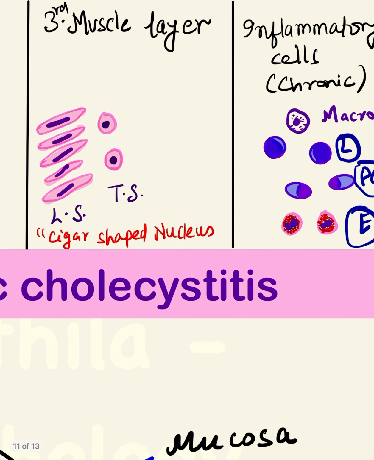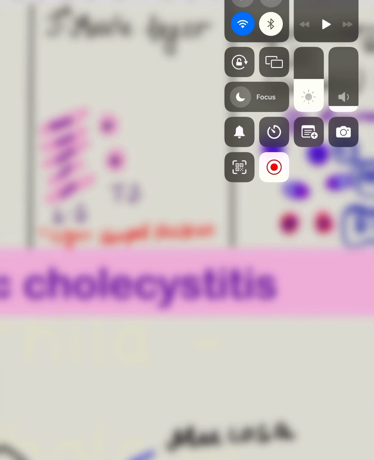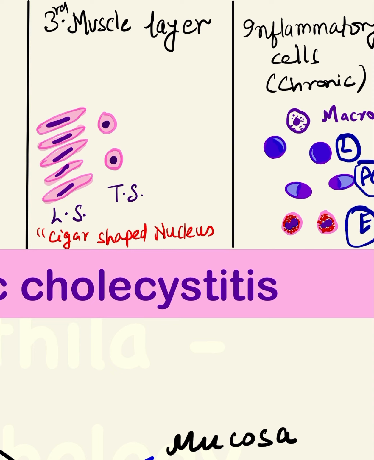Then the third layer is the muscle layer, which is again made up of smooth muscle cells. The smooth muscle cells can be seen either in longitudinal section or transverse section. In the last video on leiomyoma, I told you that the smooth muscle cells are spindle shaped, and their nucleus is cigar shaped.